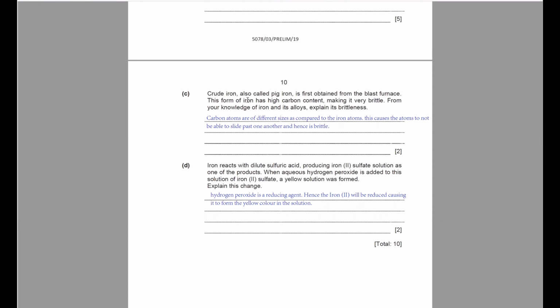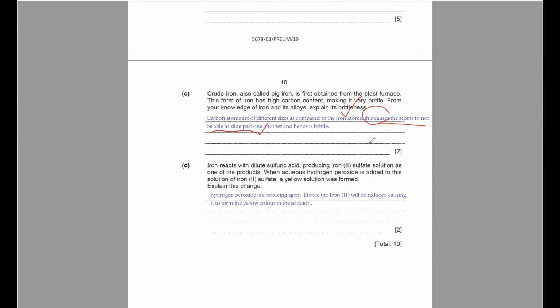So you would say that carbon atoms have a different size compared to iron atoms. That is true. Then this causes the atoms to not be able to slide over each other. This is all right.